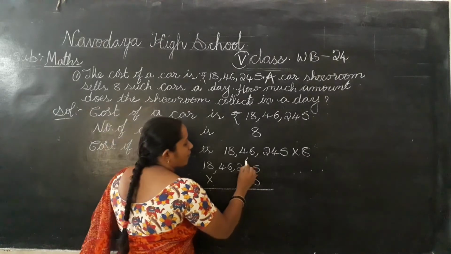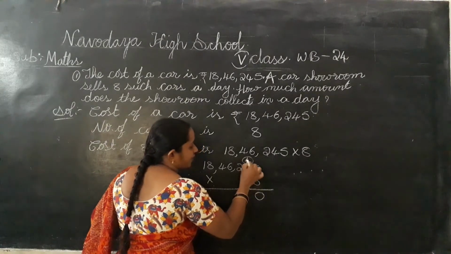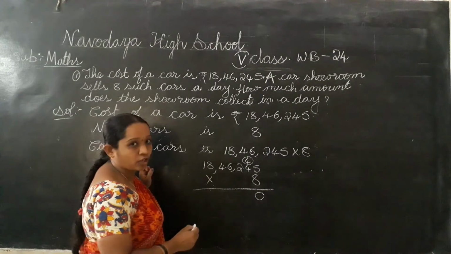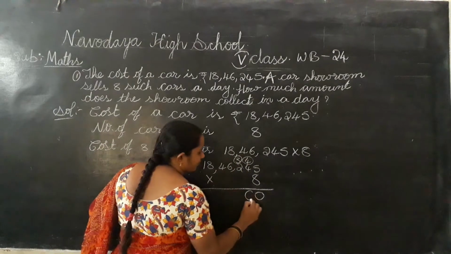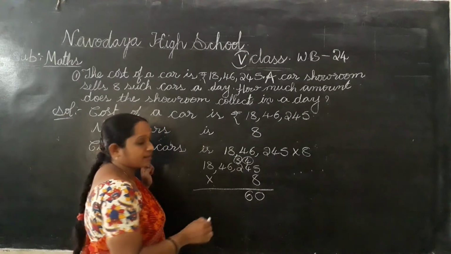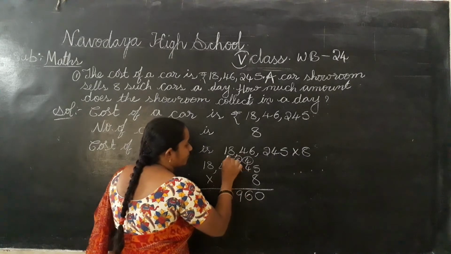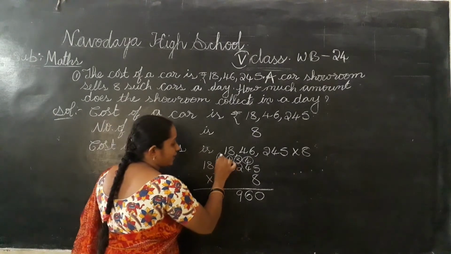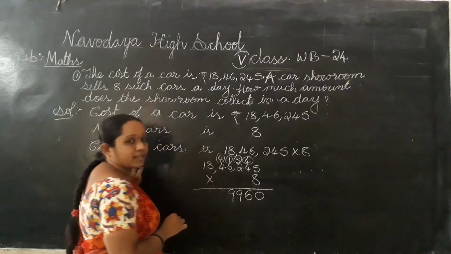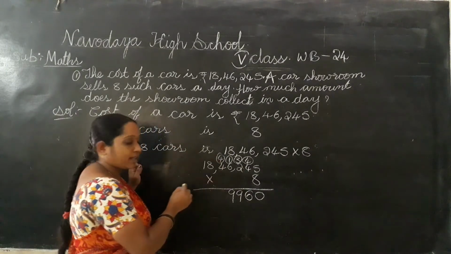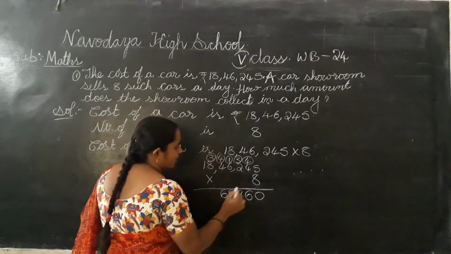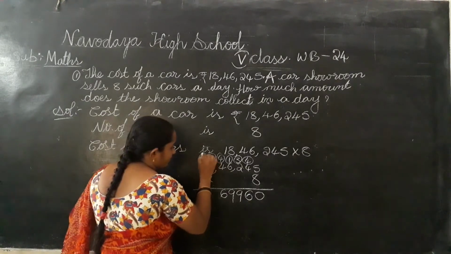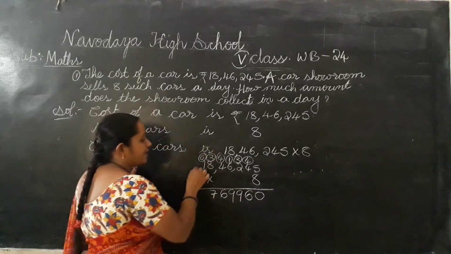8 5s are 40. 4 is carry forward, 0 is in answer place. 8 4s are 32. 32 plus 4, 36. 8 2s are 16. 16 plus 3, 19. 8 6s are 48. 48 plus 1, 49. 8 4s are 32. 32 plus 4, 36. 8 8s are 64. 64 plus 3, 67. 8 1s are 8. 8 plus 6.